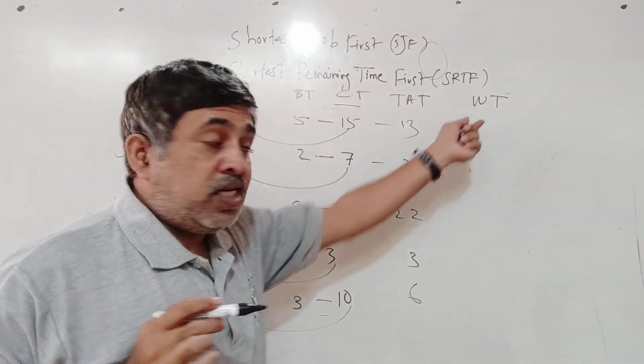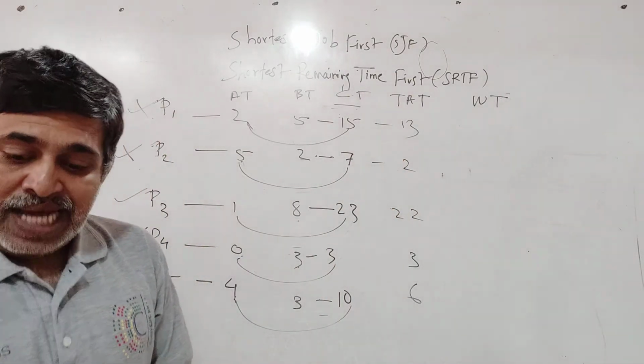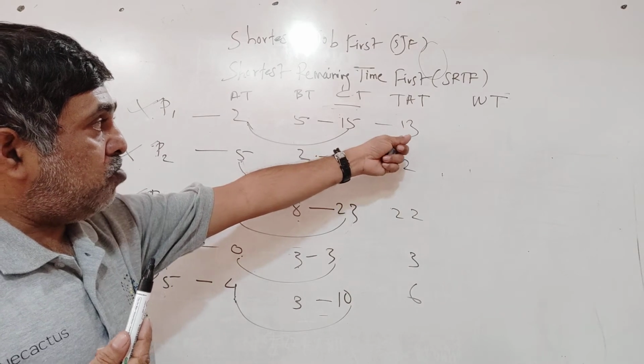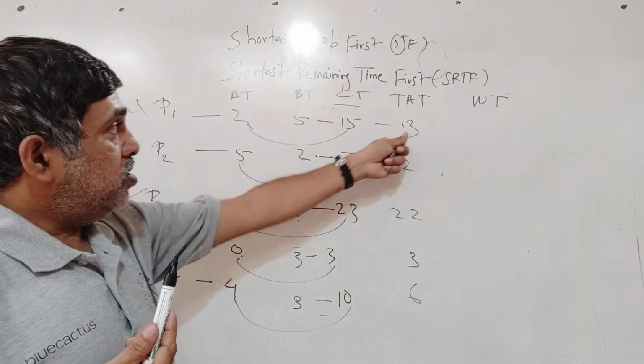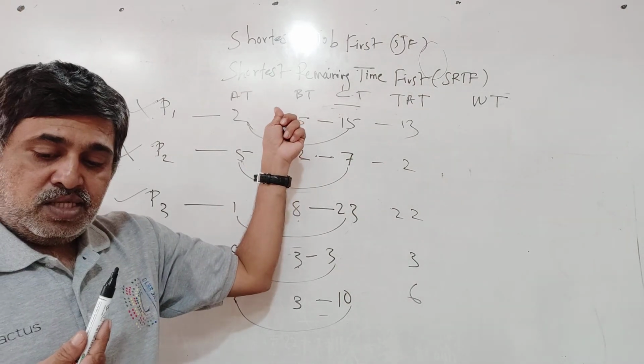And calculation of waiting time. As we have seen in the last method, what is turnaround time? 13. What is the burst that is required?